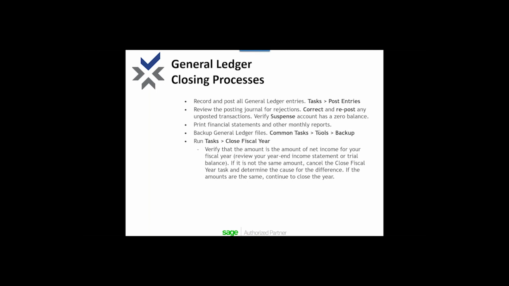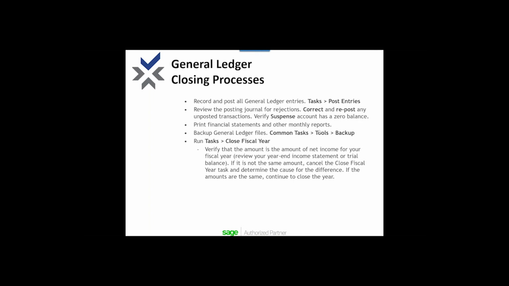If you had a setup issue or if somebody posted something to the system's suspense account, you need to clear that. A suspense account does not close to retained earnings. It's a non-closing account. And so if you close your year and you had something sitting in suspense, your general ledger will be out of balance. Now it can be fixed. There's nothing that can't be fixed, so don't panic about that. But those are two things you want to do ahead of time.